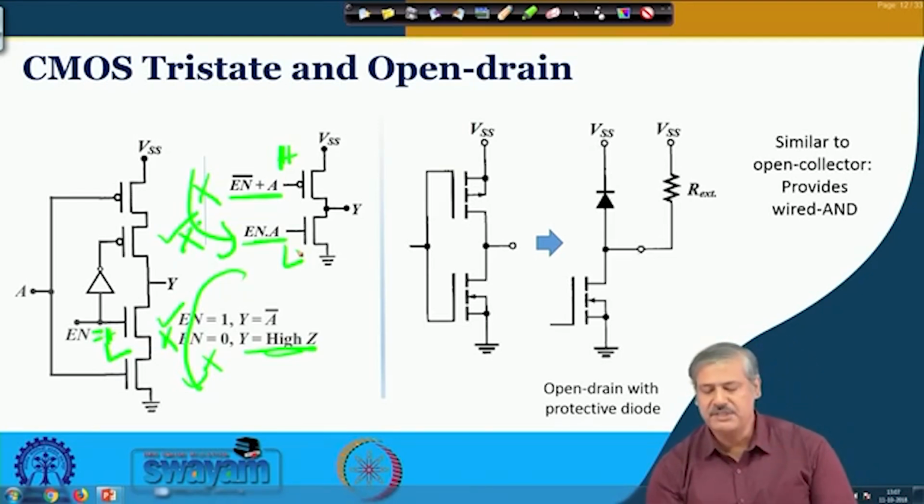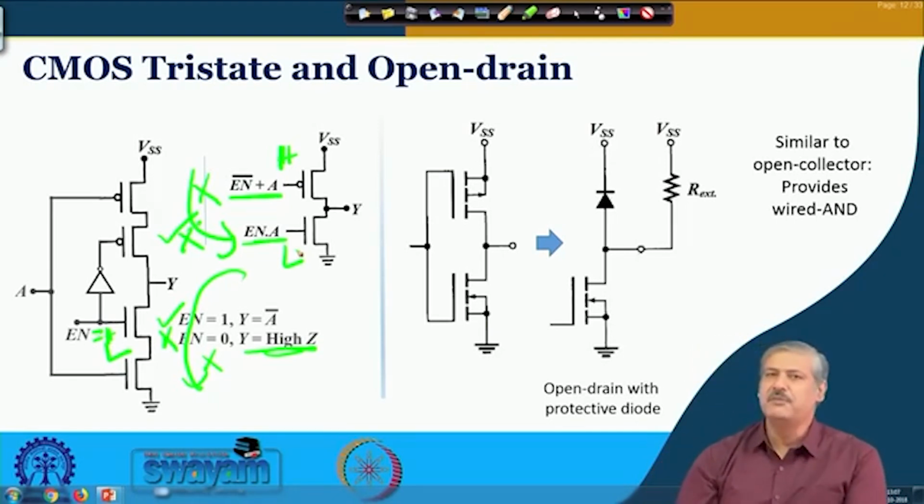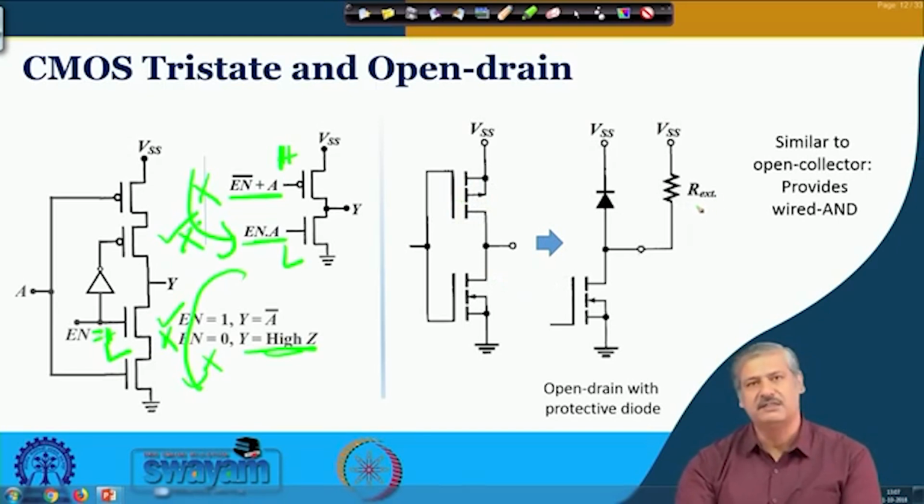And this is open drain. So, open drain, how does it work? Similar to open collector. The only issue is that this PMOS is now replaced by the external resistance, the pull-up resistance, and there is a protective diode which is used in these particular cases.